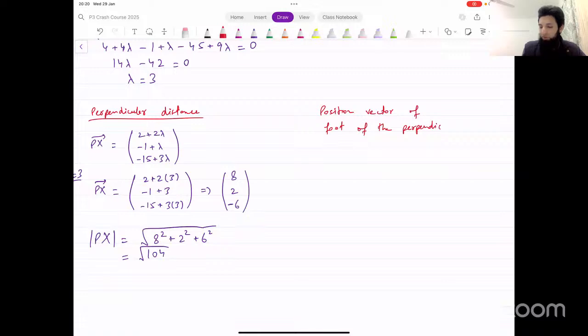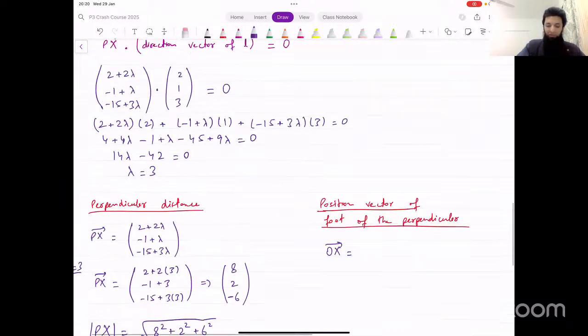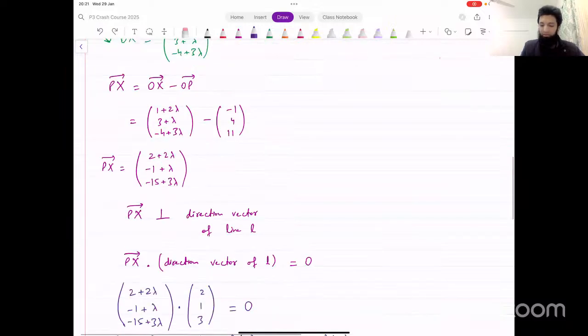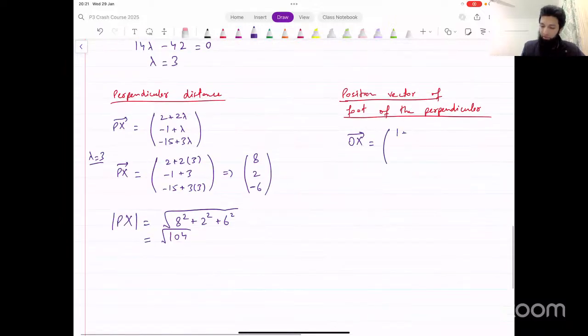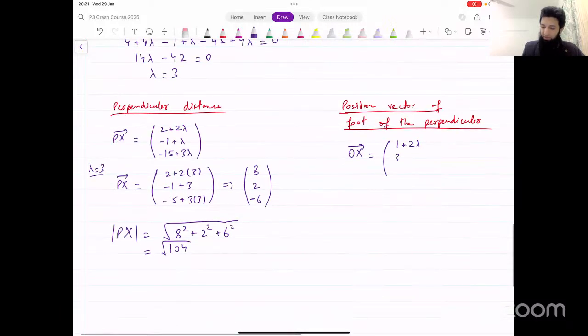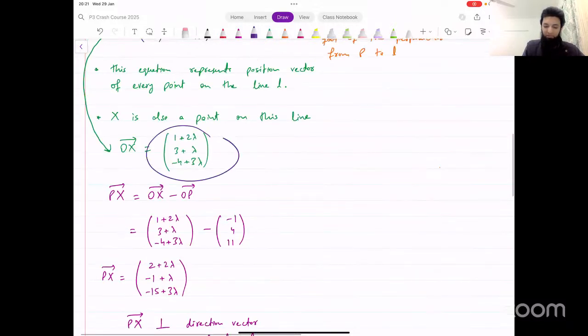What's the foot of the perpendicular? That's the point X. So we want the position vector of X. That's OX. We also wrote that above at some point. That was 1 plus 2 lambda, 3 plus lambda, and minus 4 plus 3 lambda. That was the vector OX that we wrote above.